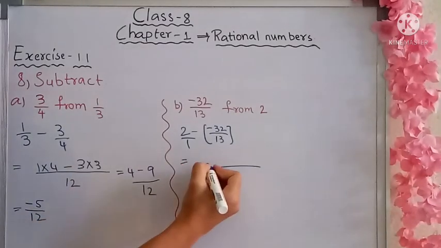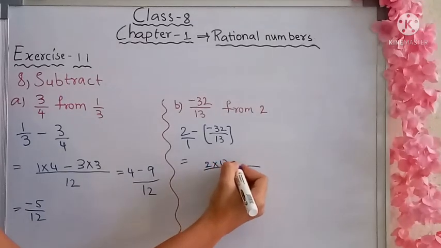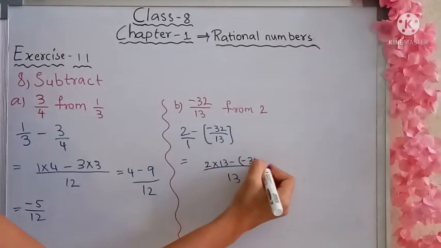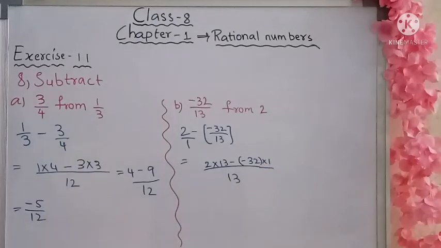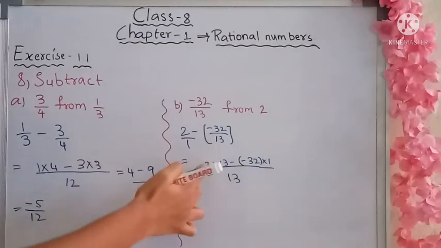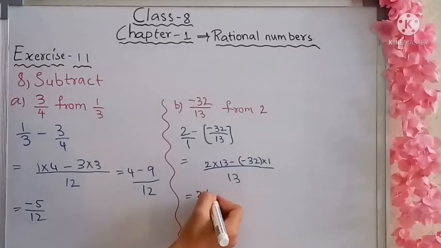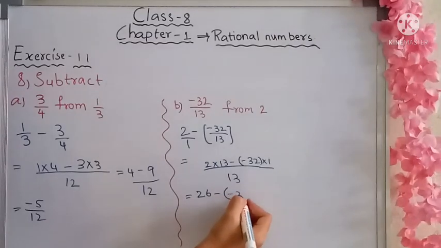And now we have to multiply 2 into 13 minus 32 into 1. Okay. Now 2 into 13, which is equals to 26, minus 32.